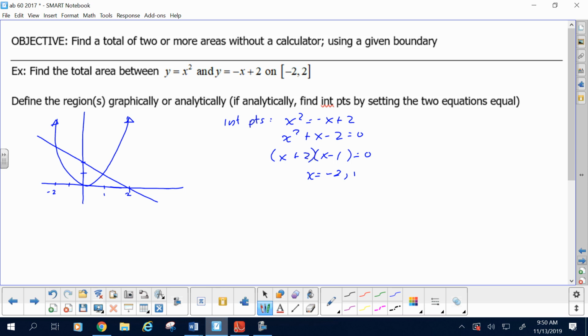Read the word between. Okay, here's the deal. The first region between is pretty obvious. They're talking about this. But what about between past? Oh, on like the outside. Yeah, you're gonna get this region here. Actually, I'm gonna do it in a different color. This region here is between the two curves.